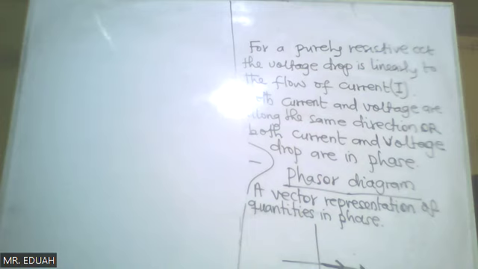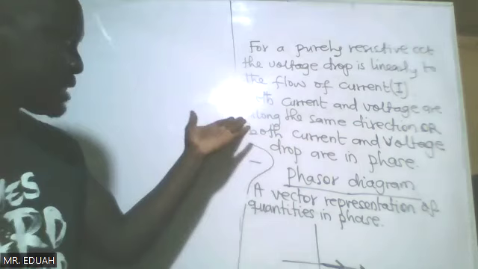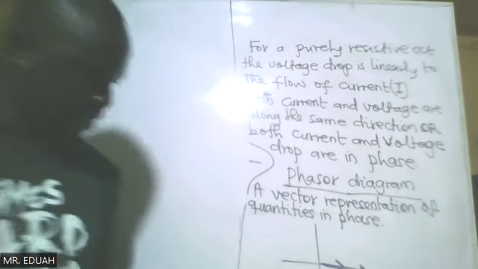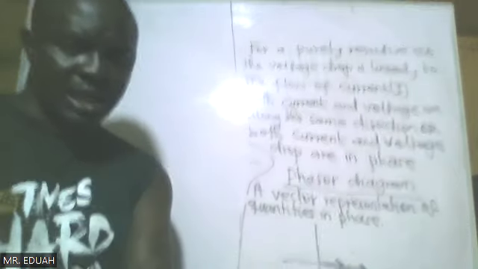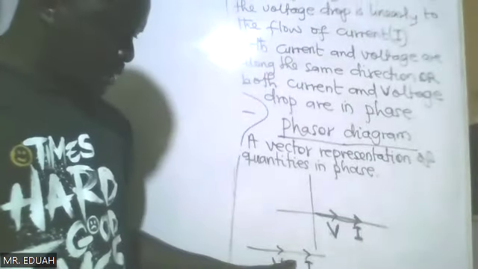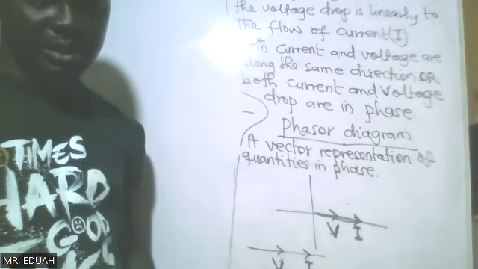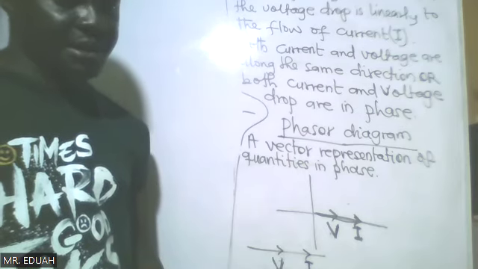Yes. That's what I said. They're along the same direction. That is why, look at the phasor representation or the phasor diagram. This is the direction of current. This is also the direction of voltage. They move along the same direction.